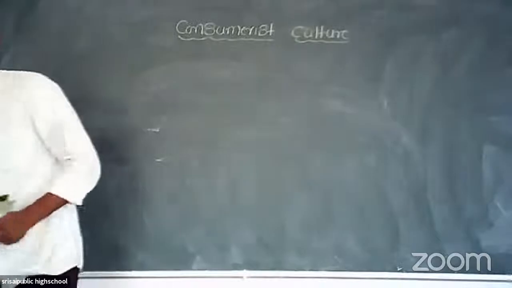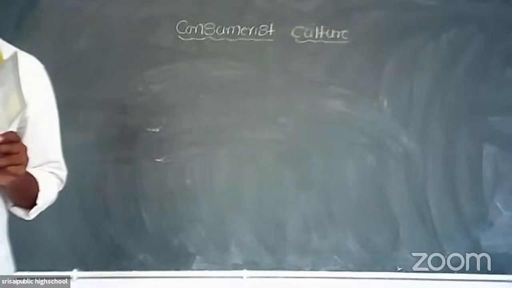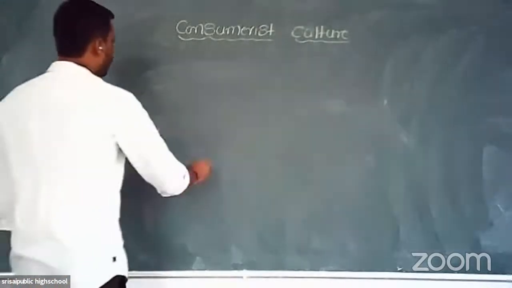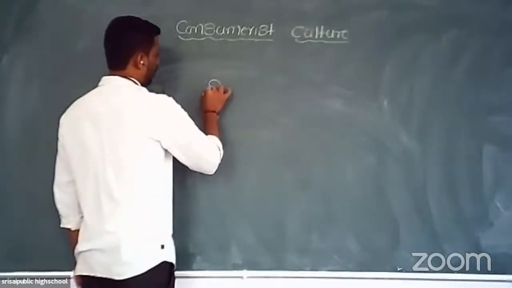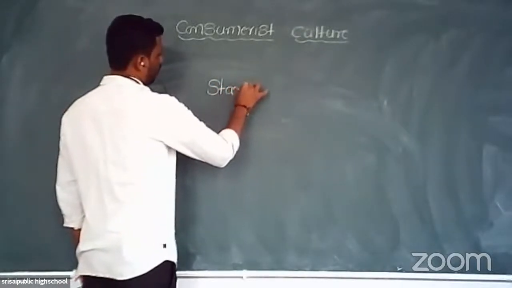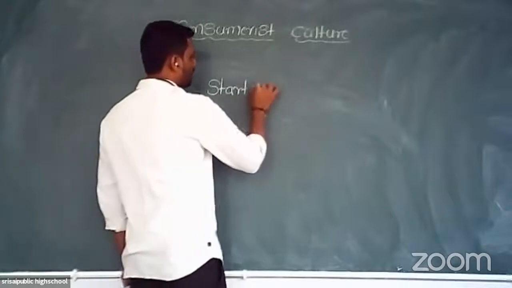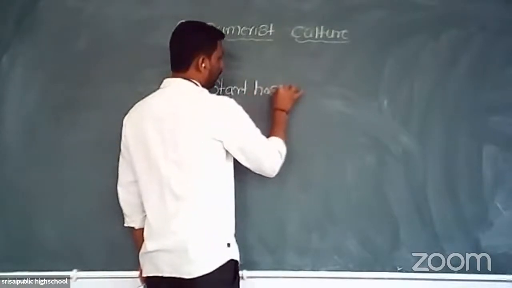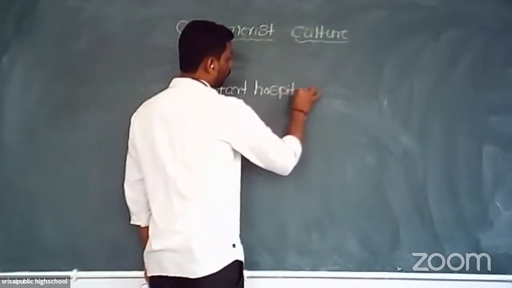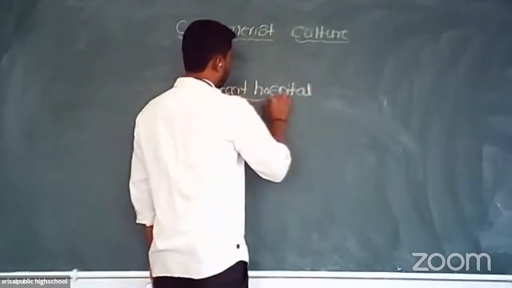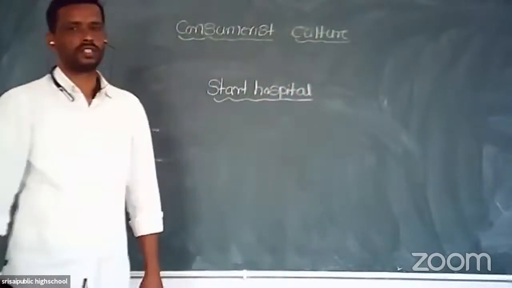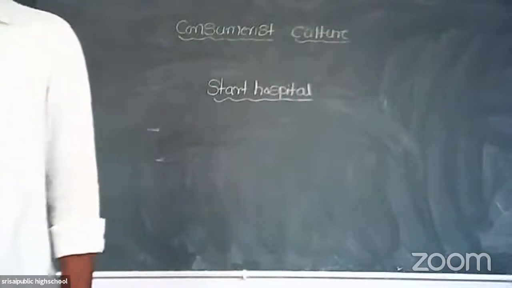Just think that a doctor in the society wants to establish or start a hospital. What will they take before starting that hospital? An oath: we will serve the poor and the patients in the society.